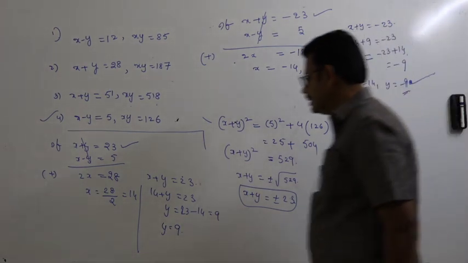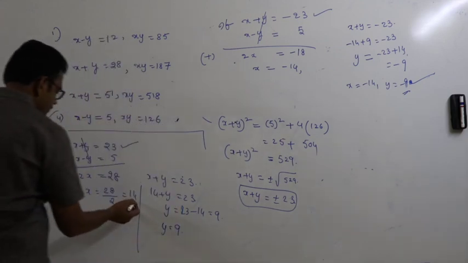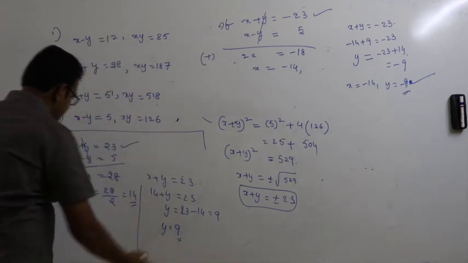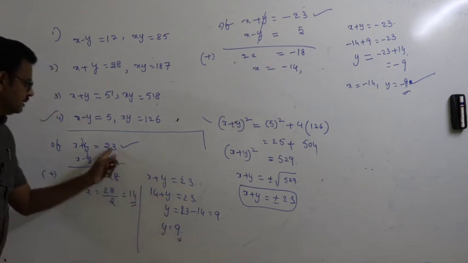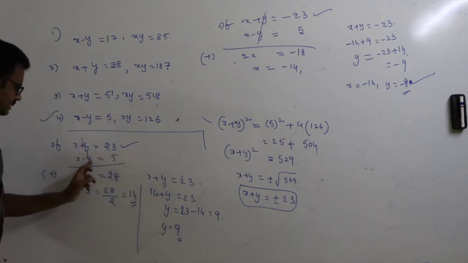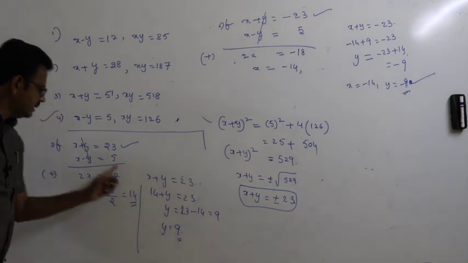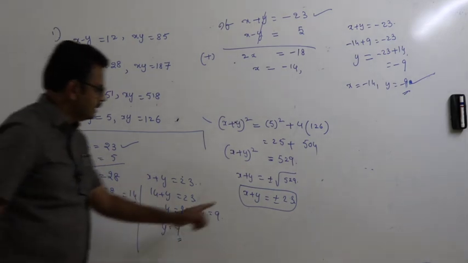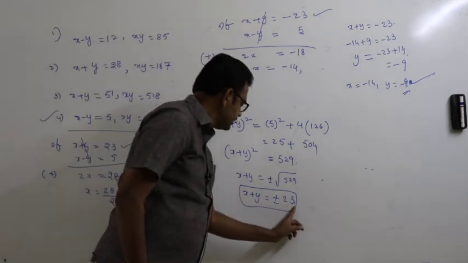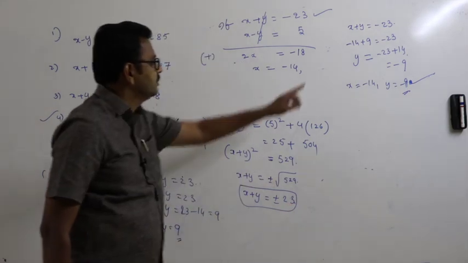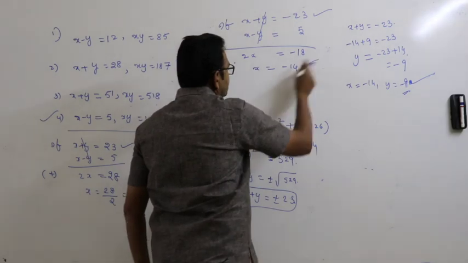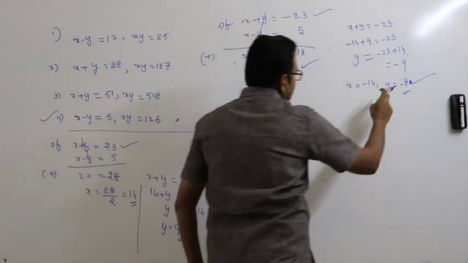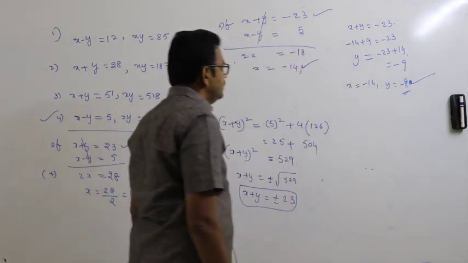So in the first case, x value 14, y value 9. What is x plus y? That is 14 plus 9, that is 23. What is x minus y? 14 minus 9, that is 5. If you take x plus y equal to minus 23, in this case you get x value minus 14 and y value minus 9.